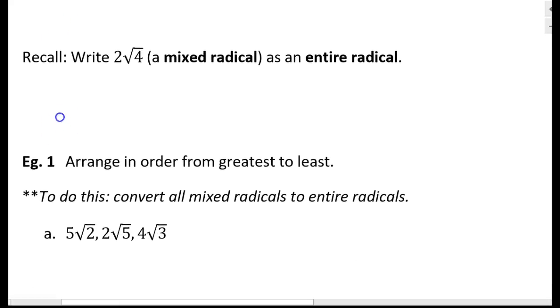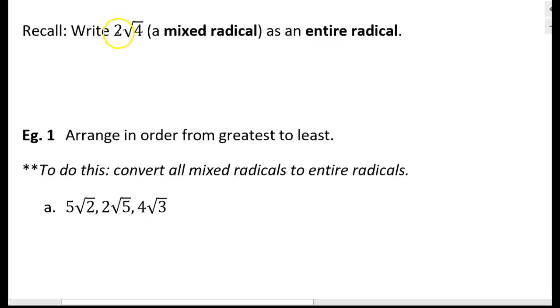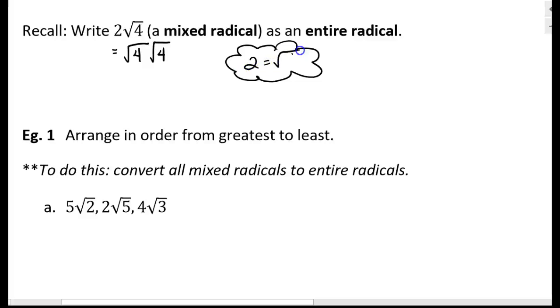So when we look at 2 root 4, what we can actually think of that as is the square root of 4 times the square root of 4. So keep bearing in mind the idea that 2 actually is the same thing as the square root of 4.